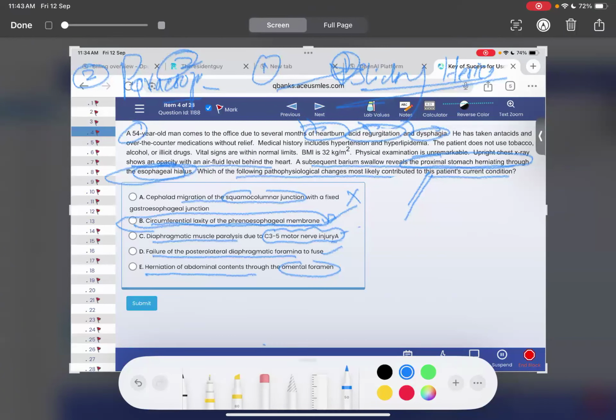So sir, the failure of the posterolateral diaphragmatic foramen to fuse is for diaphragmatic hernia in the case of embryological defects, right? Yeah. It is also associated with two more things.